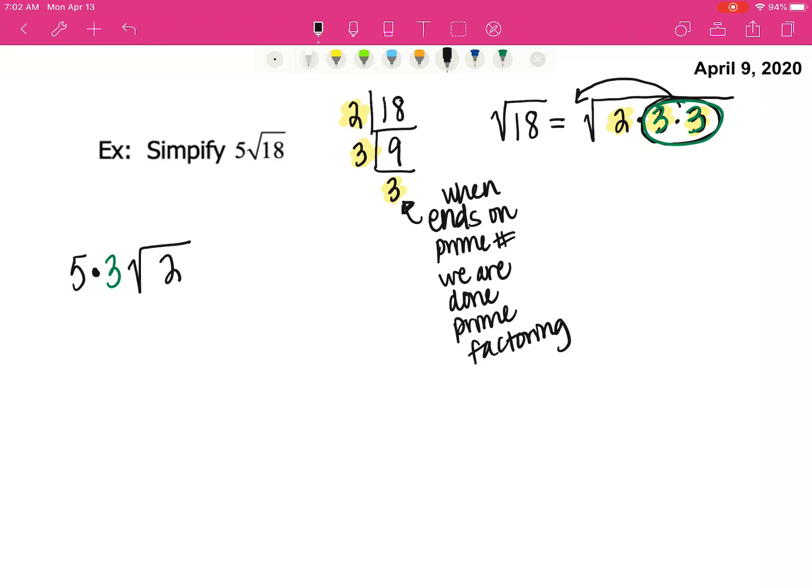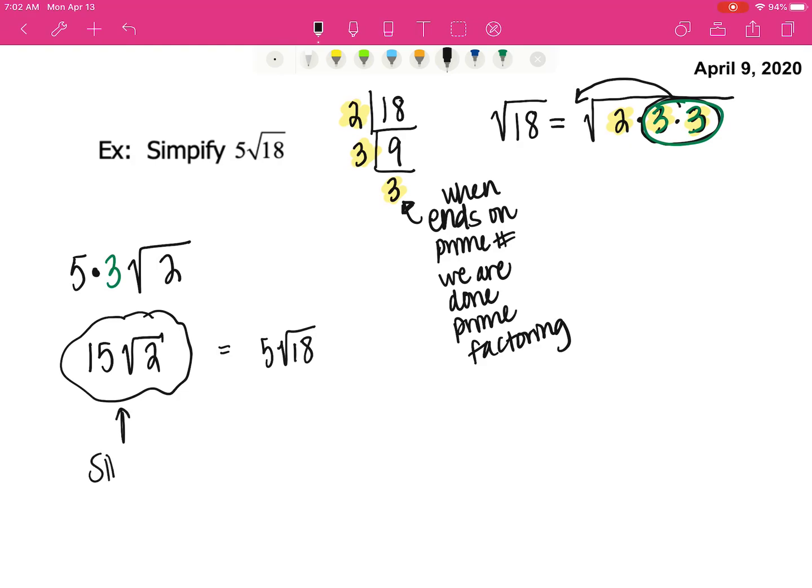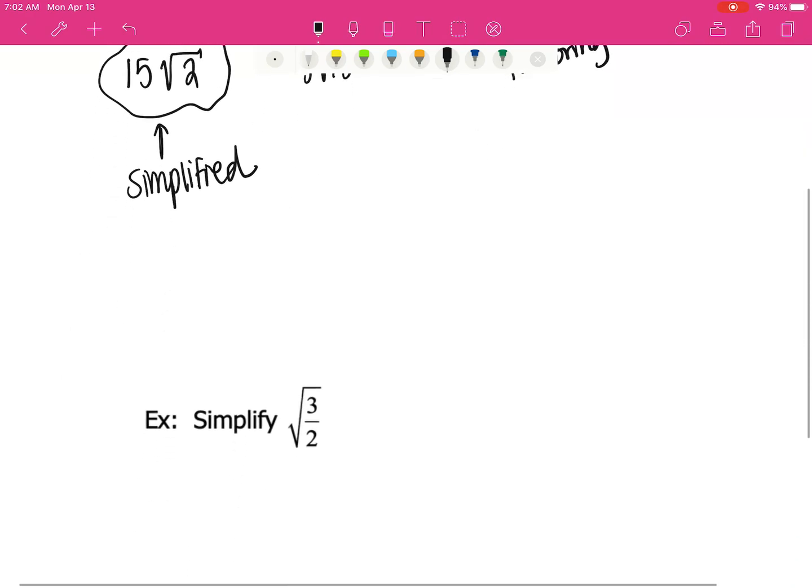And then what's left over is that 2. So our answer is 15 times the square root of 2. And that is the same thing as 5 times the square root of 18, but this is simplified. So this radical on the left is simplified.